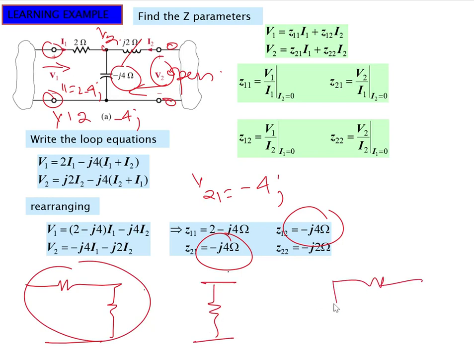So this resistance is Z22, this resistance is Z11, and this is Z12 and Z21. So this is the calculation of these resistances. This is easier than the admittance one, because the circuit structure is different.